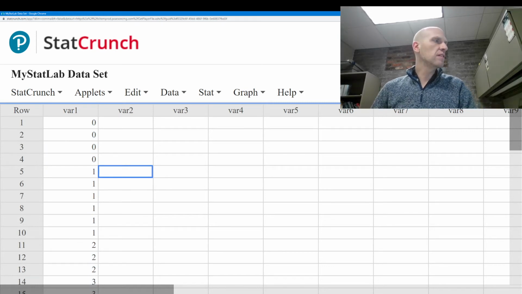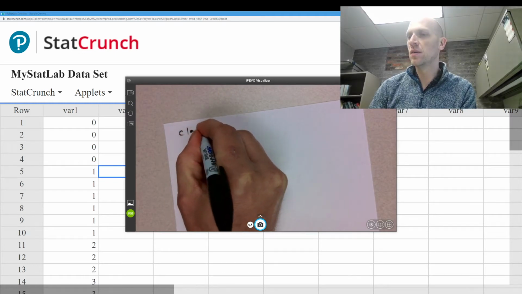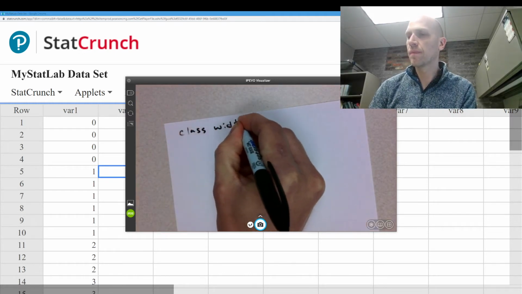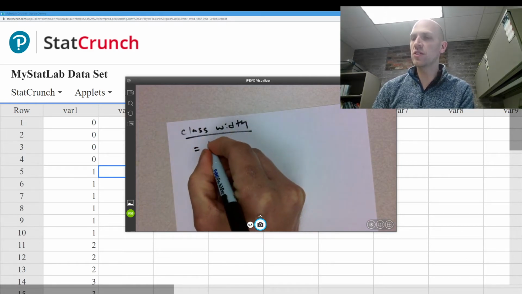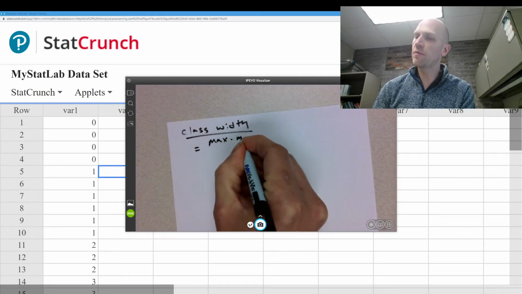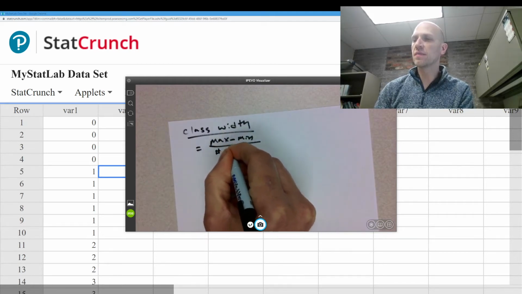How do we find the class width? Class width is the range, which is the maximum value minus the minimum value, and then divide that by the number of classes.